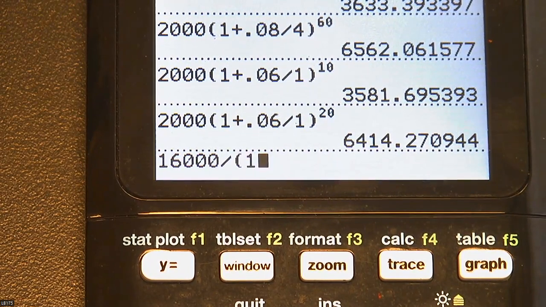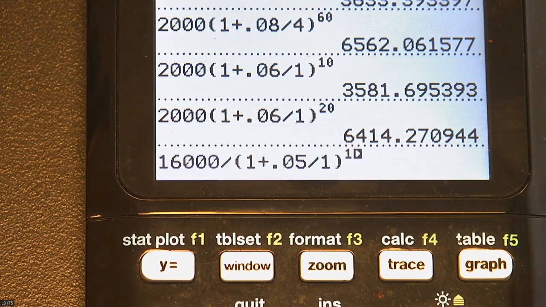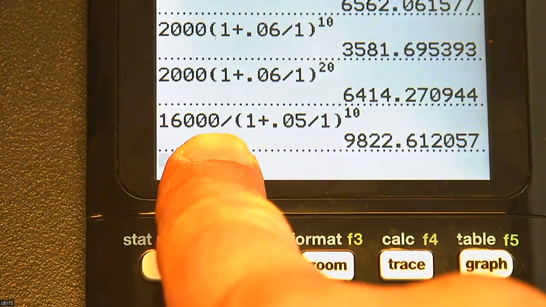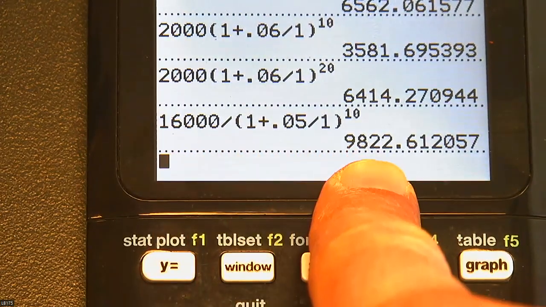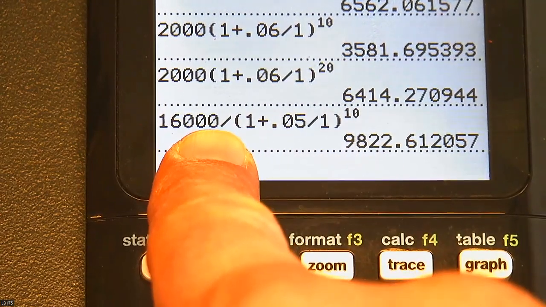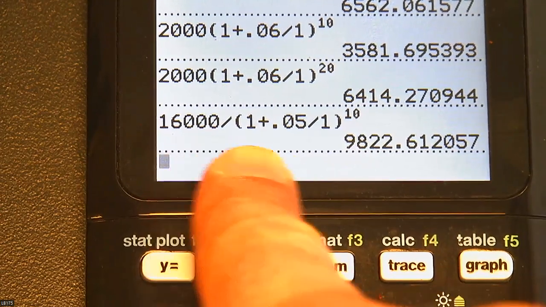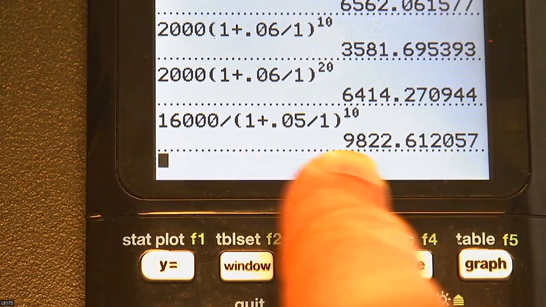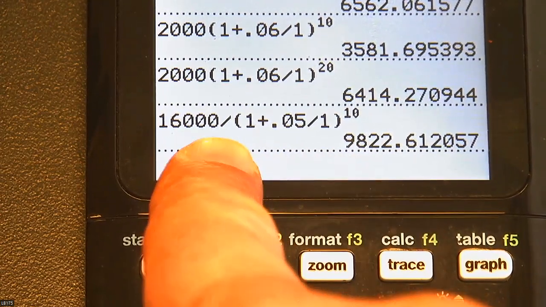And then in parentheses, 1 plus 0.05 over 1 to the 10th power. And so in that type of calculator, make sure you have that divide sign. And you should get a number that's smaller than 16,000, right? Because if you're making 5%, you start with something smaller, and then in the future, it's going to grow to 16,000.